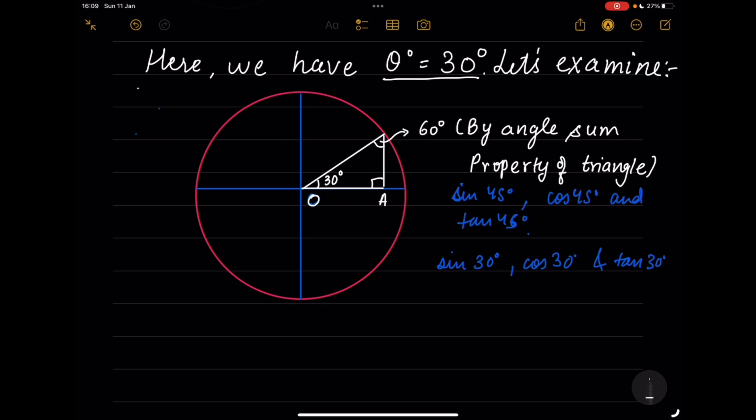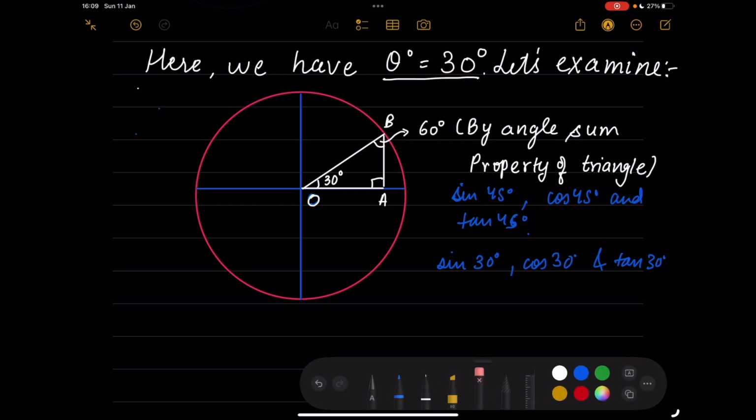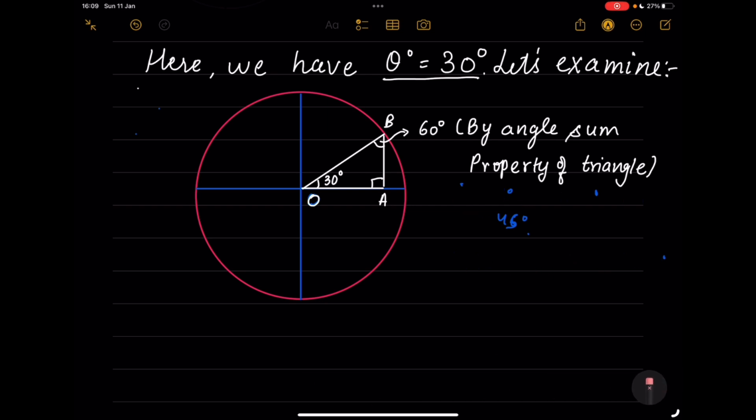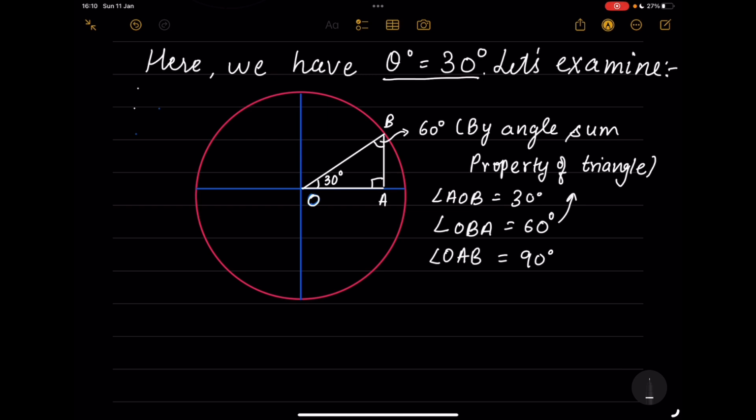A is the point at which we have the perpendicular of the triangle, and then this point is B. So here we firstly observe that angle AOB is 30 degree, angle OBA is equal to 60 degree, and that is by angle sum property of triangle, as we have taken angle OAB as 90 degree. Alright, so this much is clear to us.